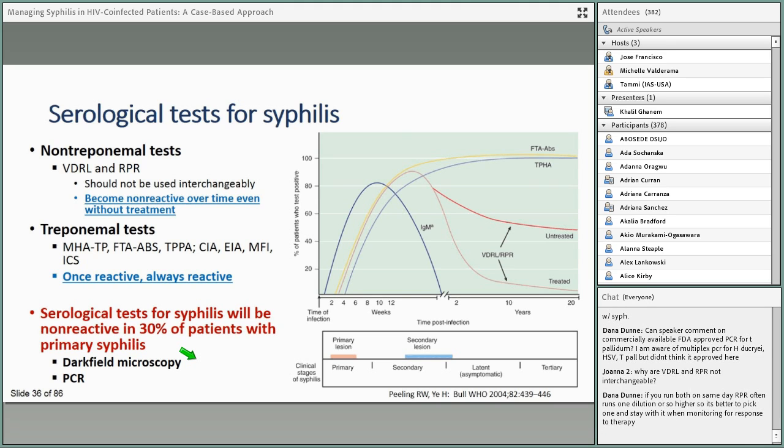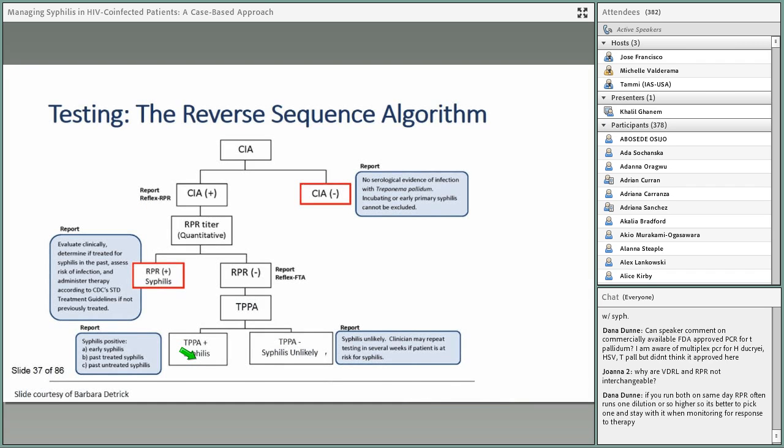Remember also that you can see false positives with both non-treponemal and treponemal tests. With the treponemal tests, a common cause of false positivity is Lyme disease and other non-endemic treponematoses, which are not endemic in the United States but may be endemic in equatorial parts of the world.